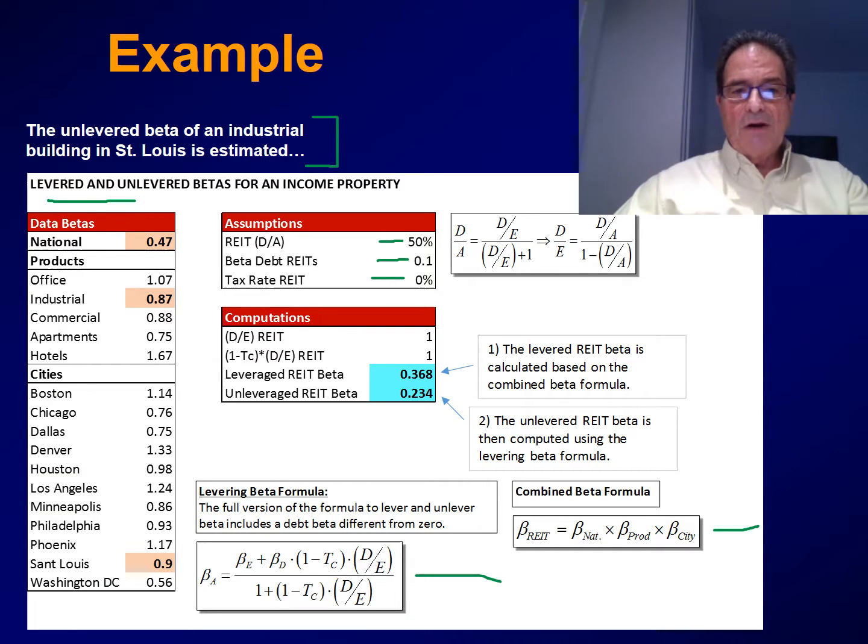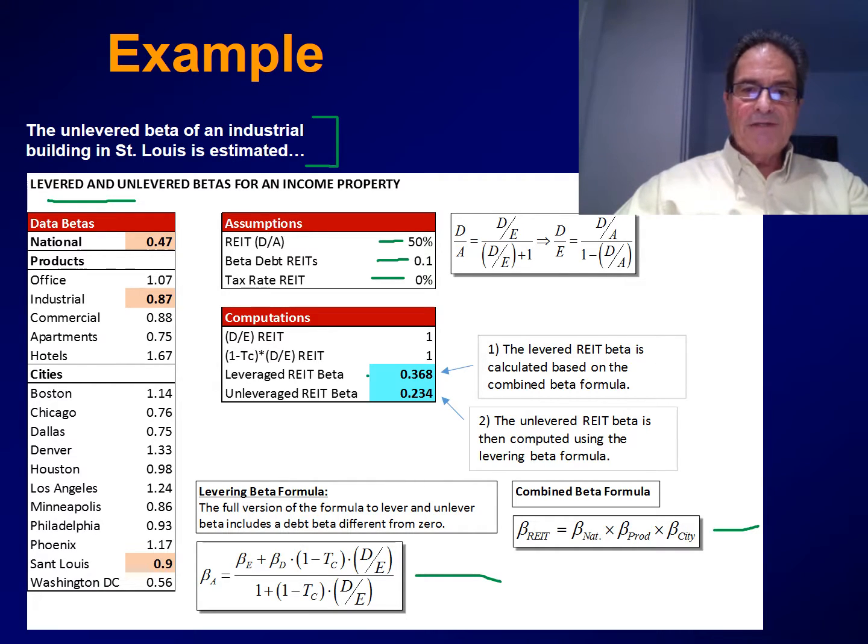Here we see that the unlevered beta, beta A, beta of assets, is equal to beta of equity plus beta of debt, multiplied by 1 minus the corporate tax rate, multiplied by D over E, the leverage ratio, measured in a different way, and everything divided by 1 plus 1 minus TC, multiplied by D over E again. So the first thing that we do is that we calculate levered beta.